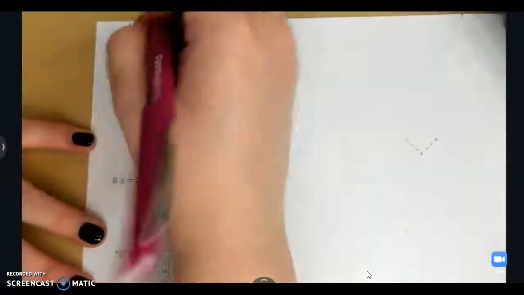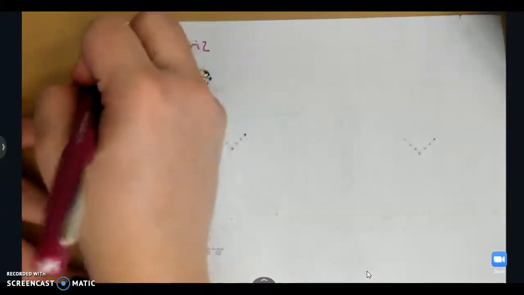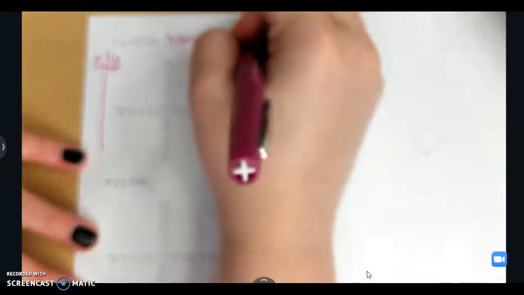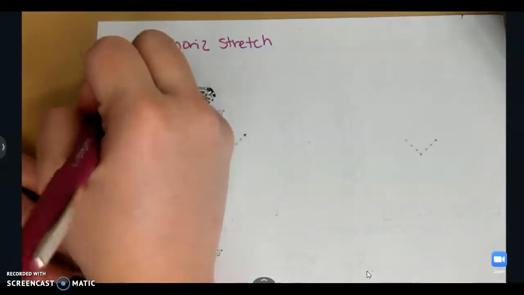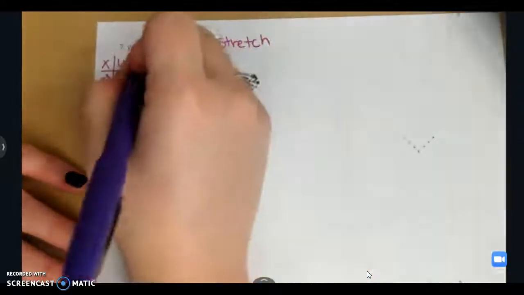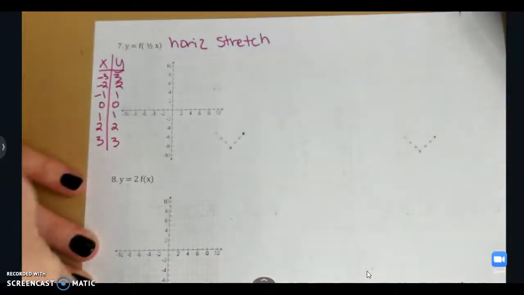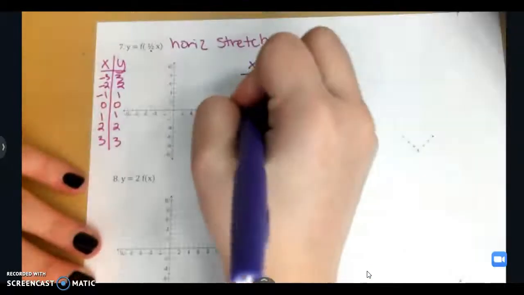All right, we've just got 3 more here on the back. Number 7, again, this is inside the parentheses, so it's going to be horizontal. And because this is smaller than 1, it's going to be a stretch. So my x values are going to be getting larger. So I'm going to be multiplying each x value by my denominator. I'm going to multiply each x value by 2. And my y values are going to stay the same.